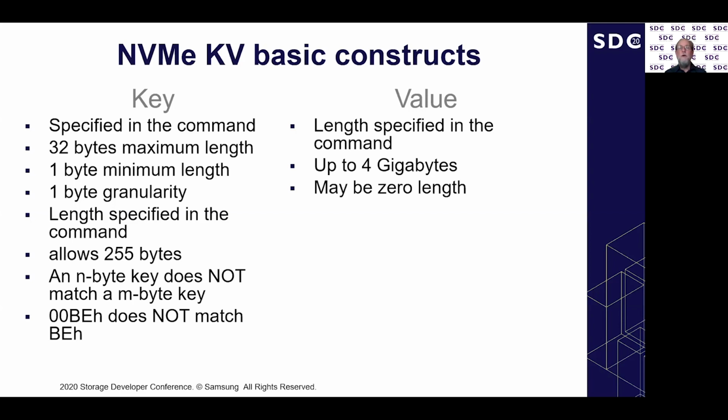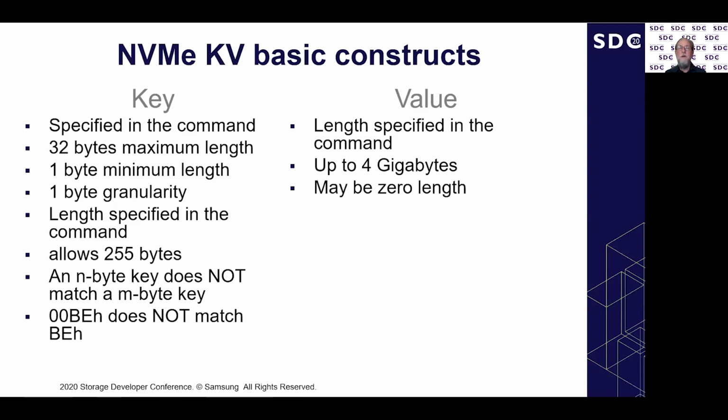In terms of the value, the length again is specified in the command. The command allows up to 4 gigabytes of length. Another unique characteristic about the value, however, is the value may be 0 length.